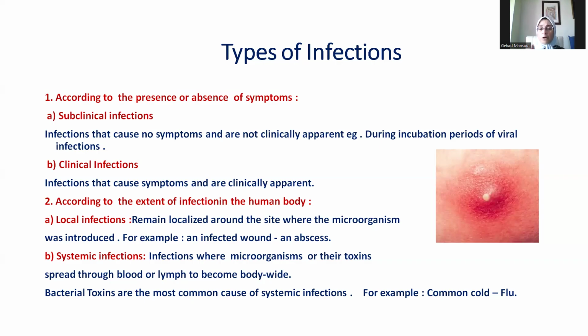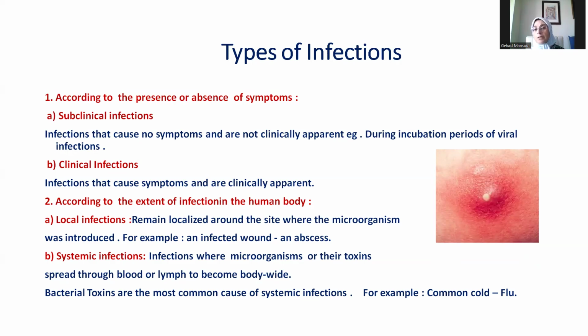But there is another way of classifying infection according to how widespread in the body it is, according to the extent of the infection. If it is located around the site of penetration of the pathogen, then it is a localized infection.